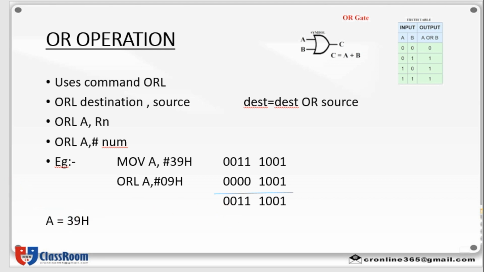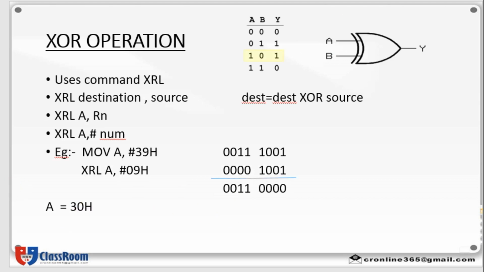Then third logical instruction is XOR. This is the gate representation of XOR. This is the truth table for XOR. For XOR, same inputs give the value 0. Different inputs give the value 1. For example, 0, 0 will have the output 0 and 1, 1 will have the output 0.